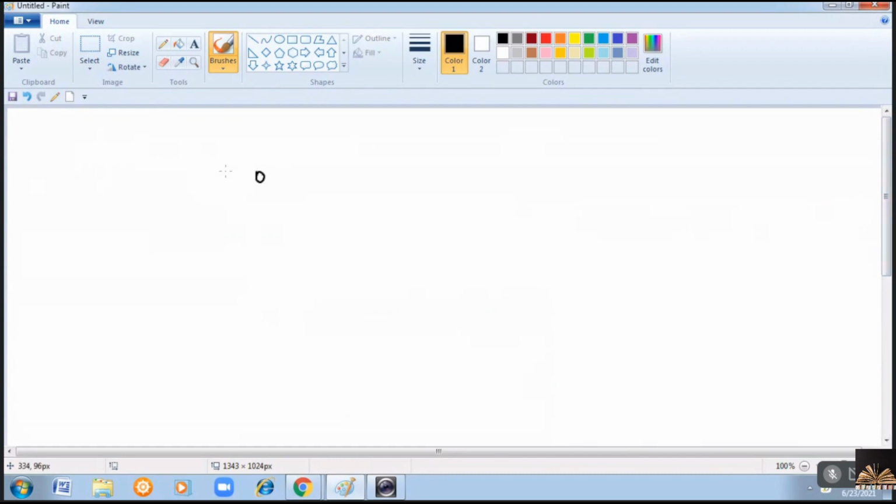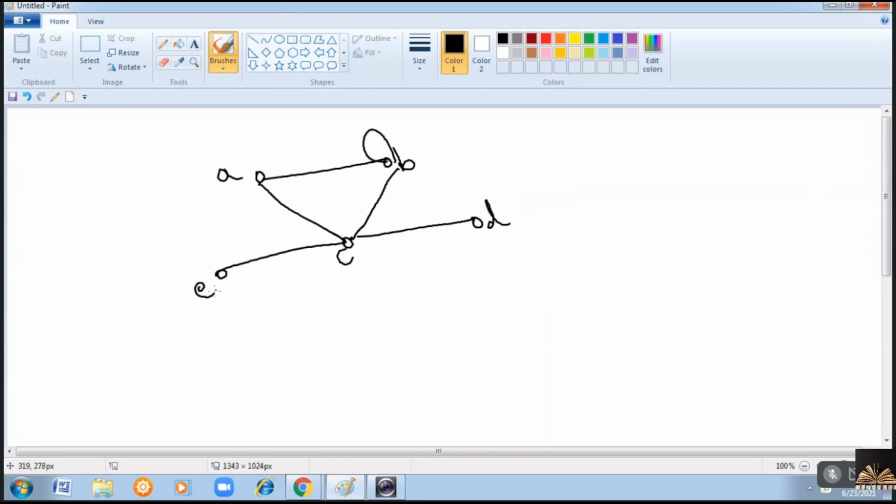Consider a graph like this. A, let us suppose you have a graph like this, right? Now see how to find the degree of every vertex.